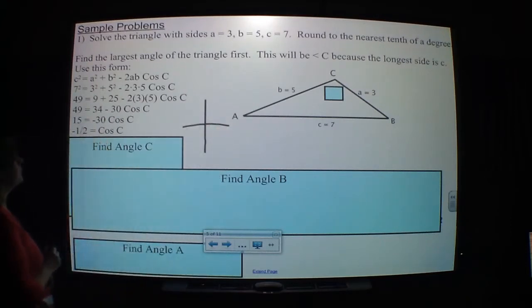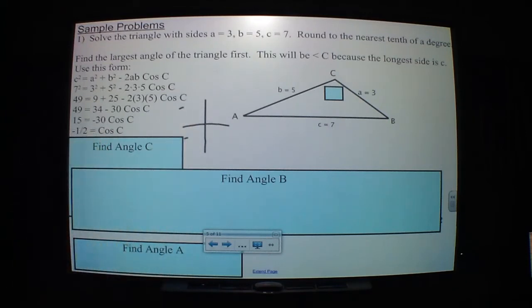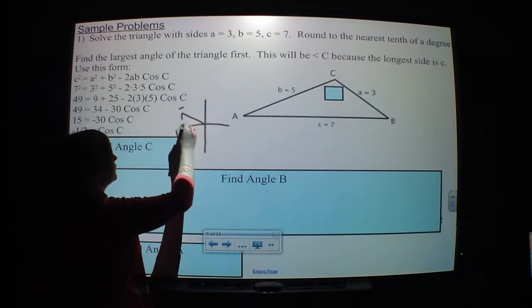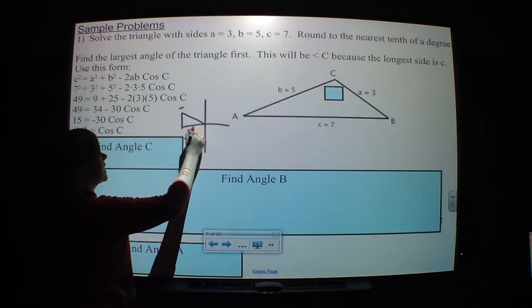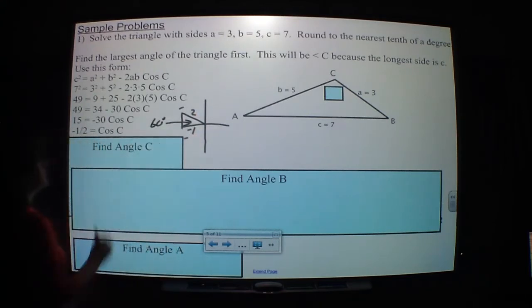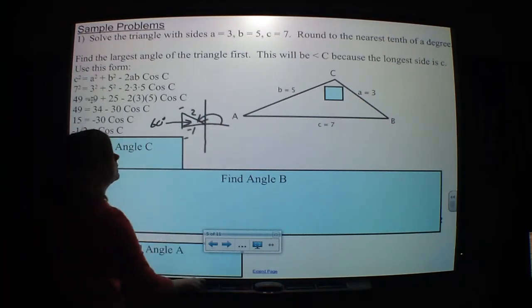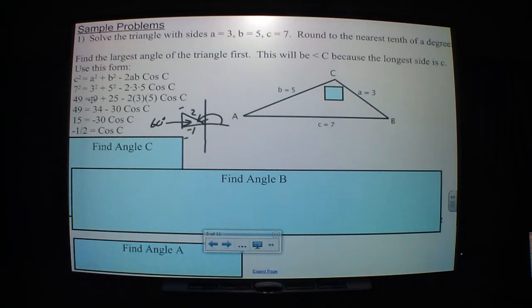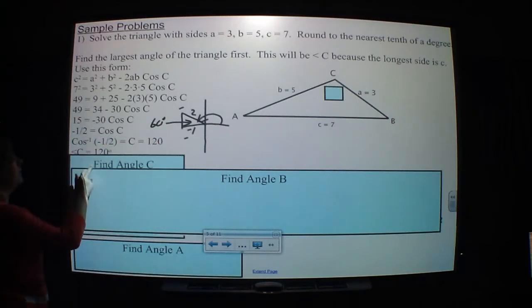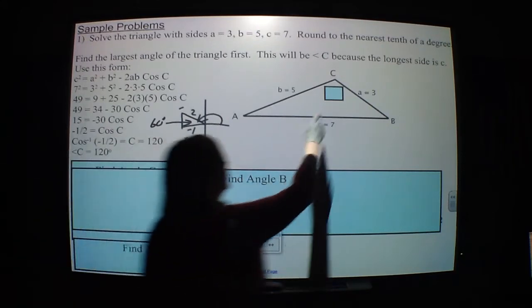It's negative, so cosine is negative here and here, but it has to be second quadrant because I can't have an angle in a triangle more than 180 degrees, so I'm in this quadrant here with my adjacent side and my hypotenuse. So my reference angle here is 60 degrees. So angle C is 120. Or you can pick up your calculator and do inverse cosine of negative 1/2, and you'll still get 120. So I know C is 120.